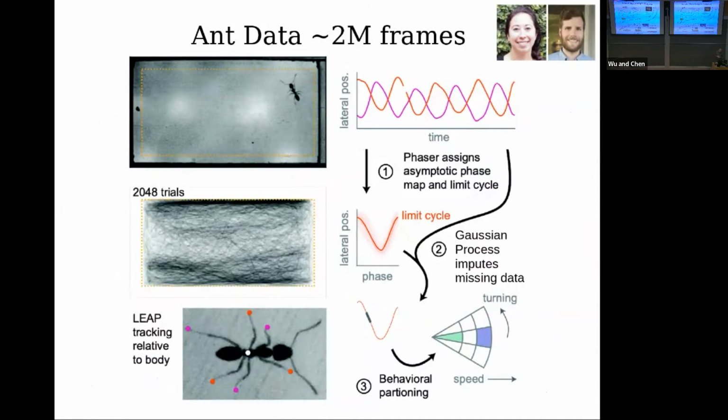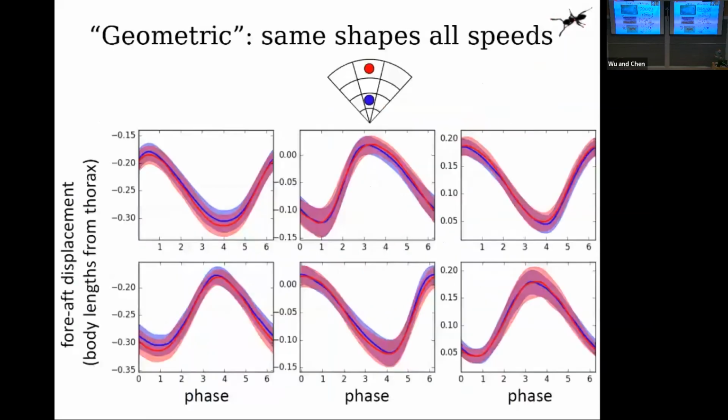And the ant data came from my wonderful collaborators who collected this truly stunning data set of 2 million frames of ant motion. So lots and lots of ant data. Which we then did phase analysis on, cleaned up, and split into multiple categories, actually 12 categories, as follows.